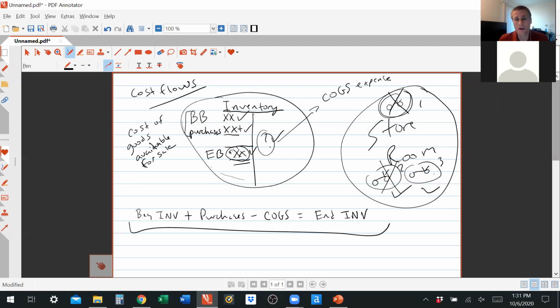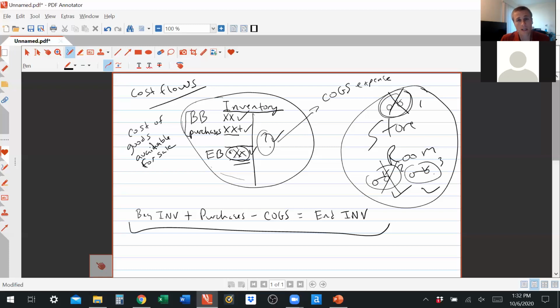But another downside of the periodic system is at the end of every period, you have to literally go and physically count your inventory. And think about certain companies that have lots of inventory, right? What if Walmart used a periodic inventory system? That would be unmanageable. At the end of every period, they'd have to literally go count physically every item of their inventory on all their shelves. That's not feasible.